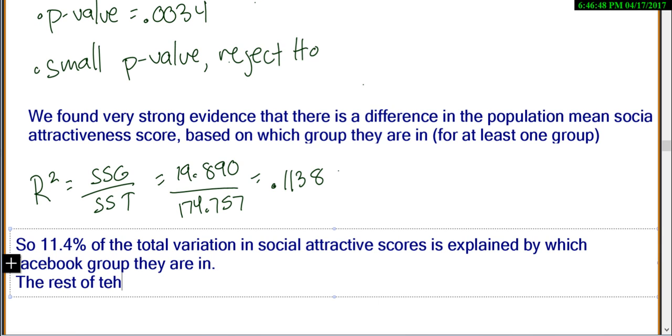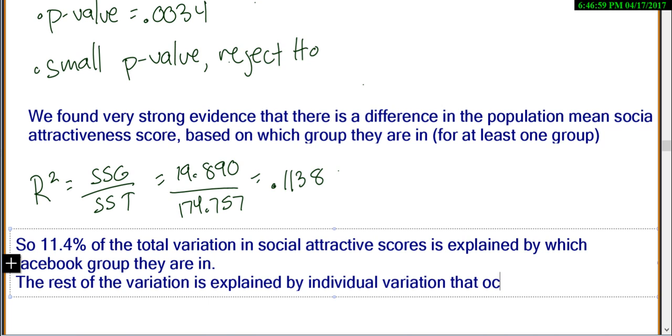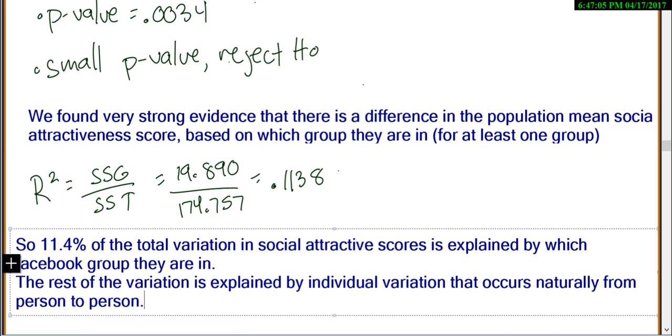The rest of the variation is explained by individual variation that occurs naturally from person to person. So this one tells us 11.4% of that total variation in the social attractiveness scores is based on which Facebook group they're in, or like which group of how many friends you have. The rest of the variation is just that individual variation that happens from person to person.